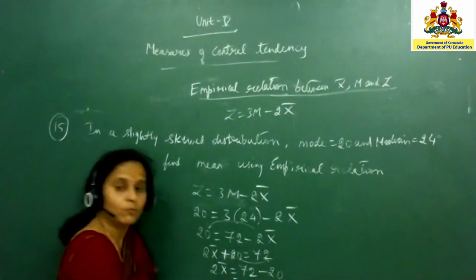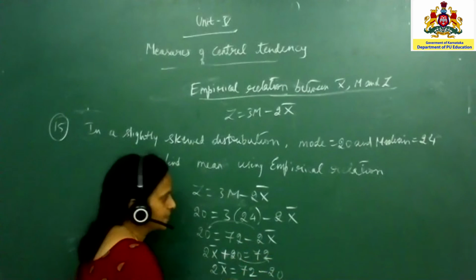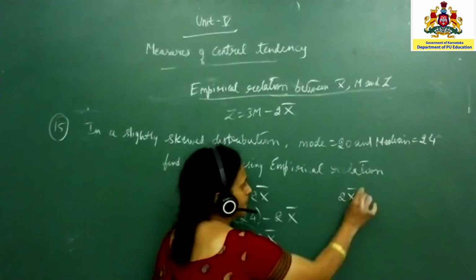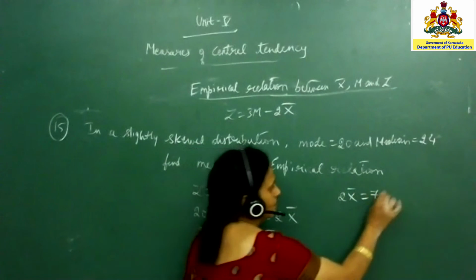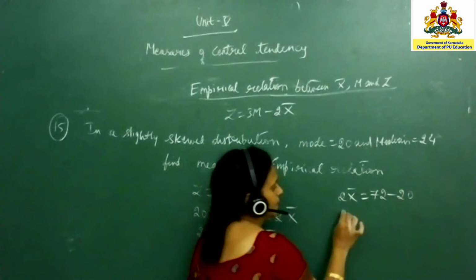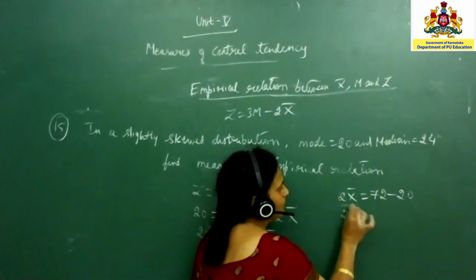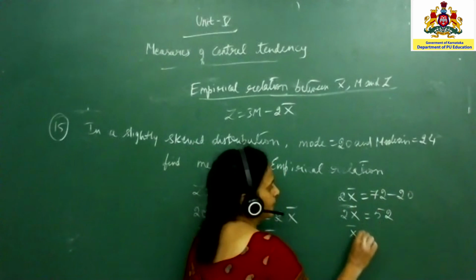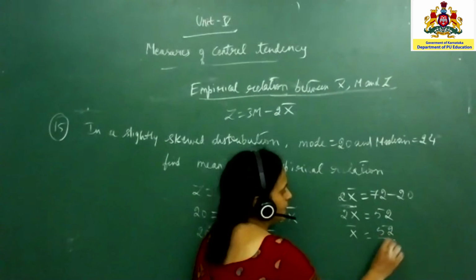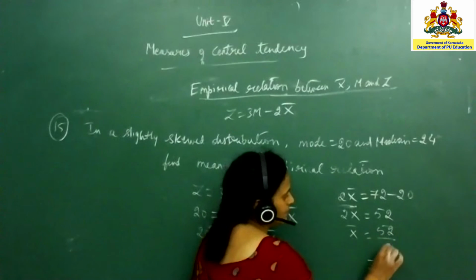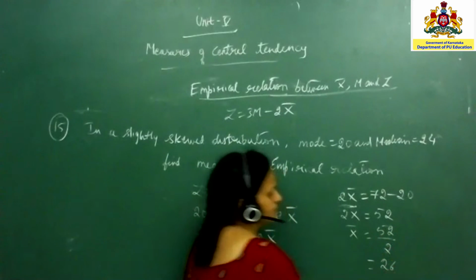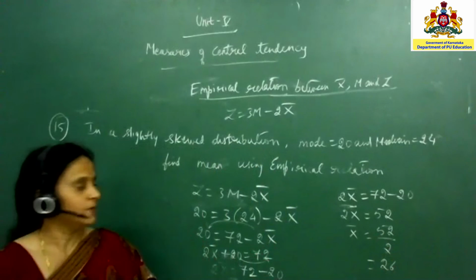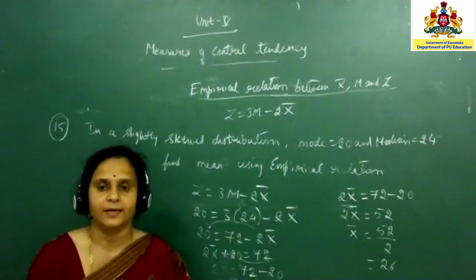So 2x̄ equals 72 minus 20, which is 52. Therefore x̄ is 52 by 2, which is 26. So x̄ is 26. We can find this using the empirical relation.